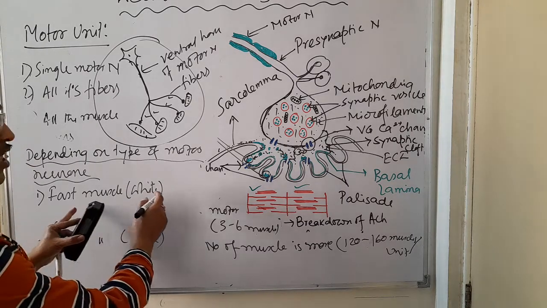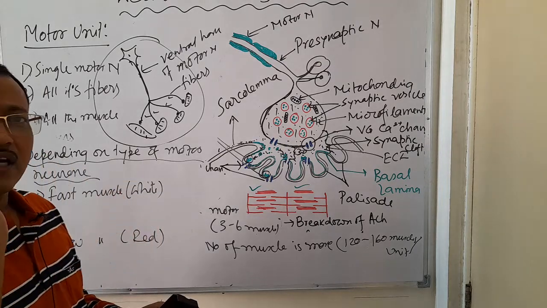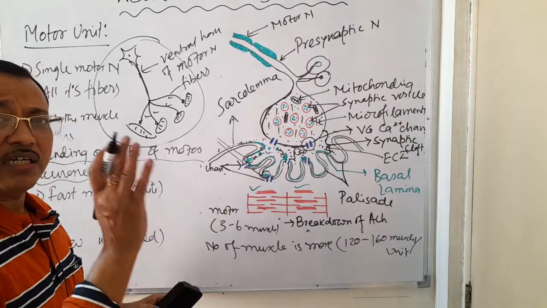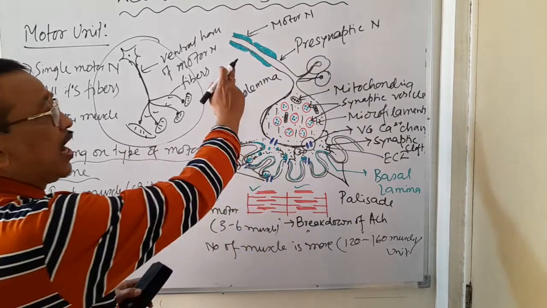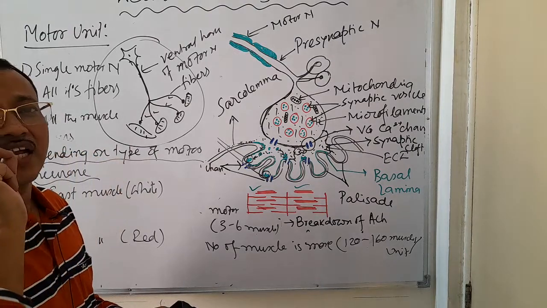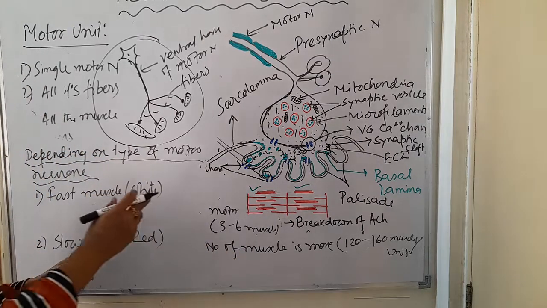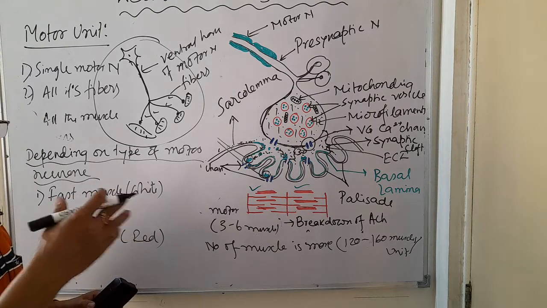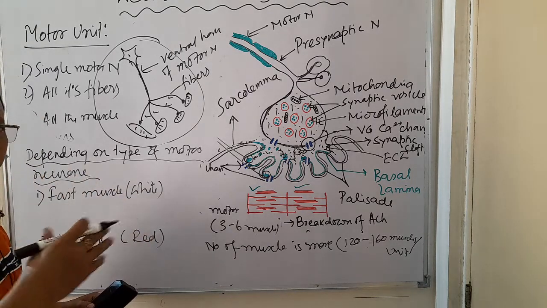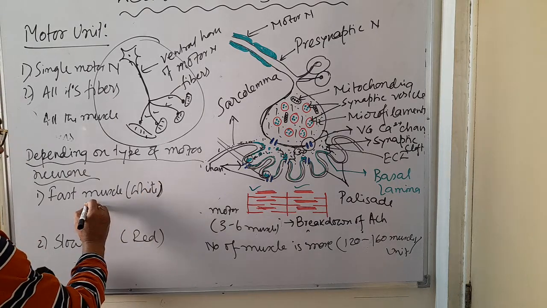So fast muscle or white muscle is supplied by the rapidly conducting motor neuron, that is the myelinated. Myelin sheath diameter is very large. So this is why they are fast conducting. They are fast contracting. So that type of muscle is known as the fast muscle.